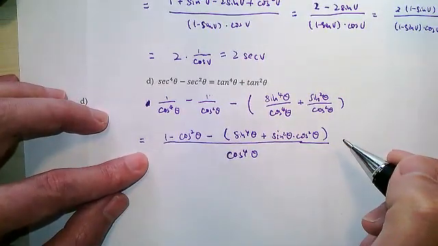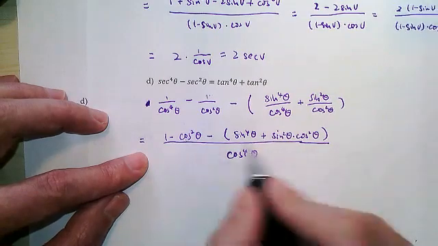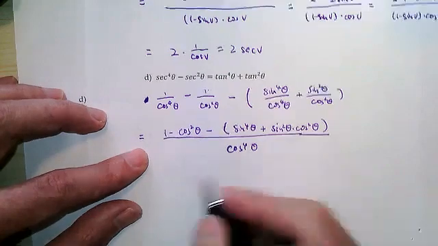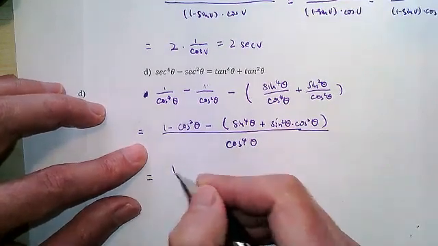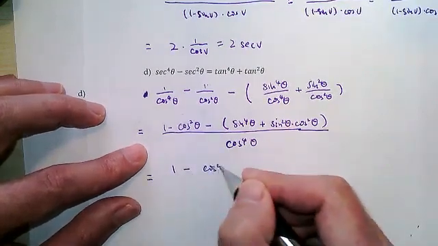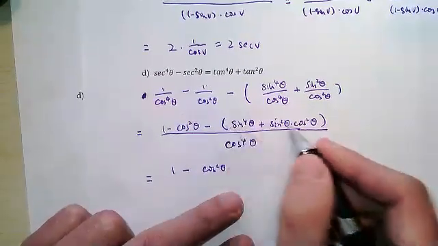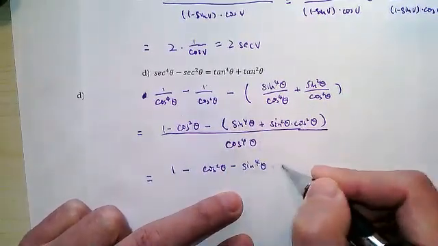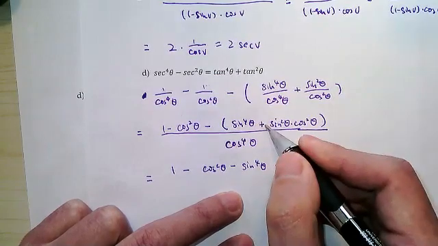Again, this still looks complex. So we try to combine all the terms we have. Okay. So 1 is still there. Cosine squared. Just write everything outside the parentheses. Sine 4 theta, minus the plus sign.